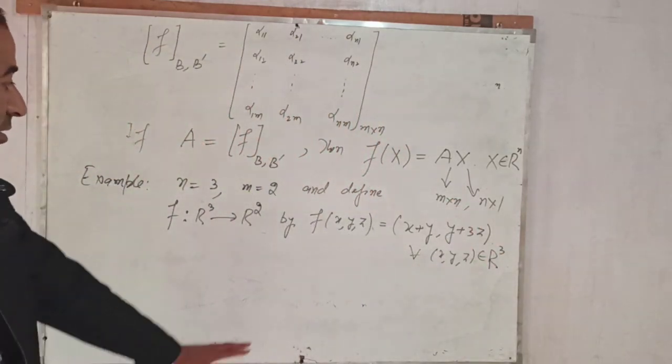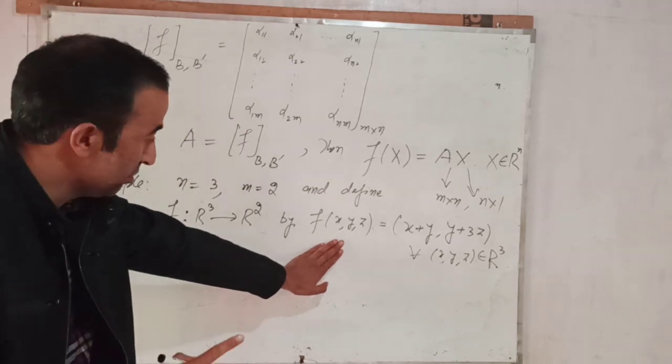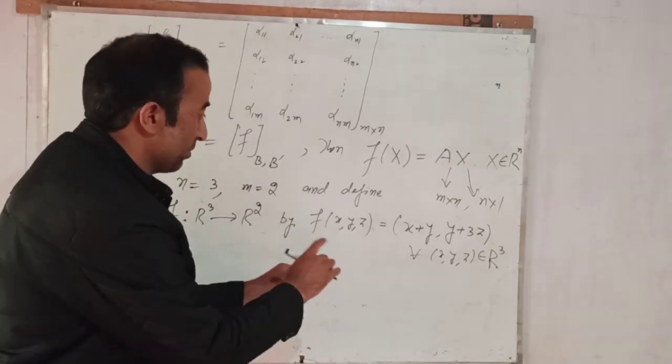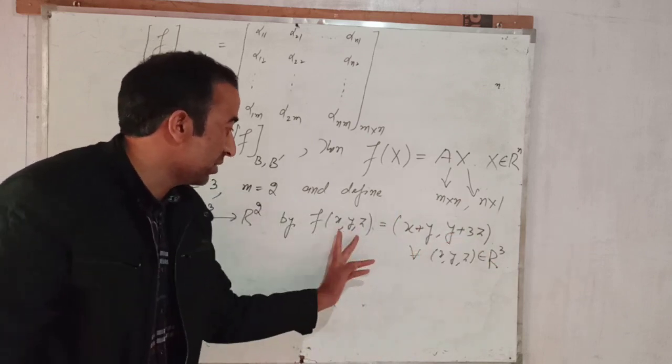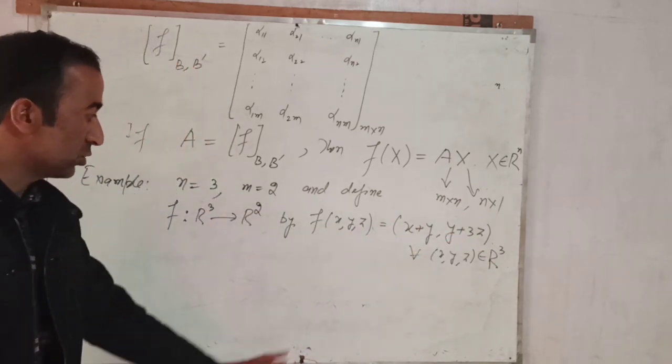You can verify this is a linear map. You can see f of alpha times this vector plus beta times some other vector will be alpha times f of this vector plus beta times f of the second vector. So this is a linear map.